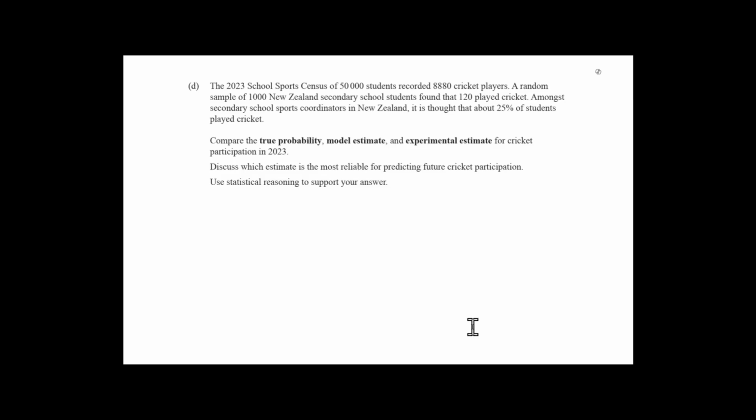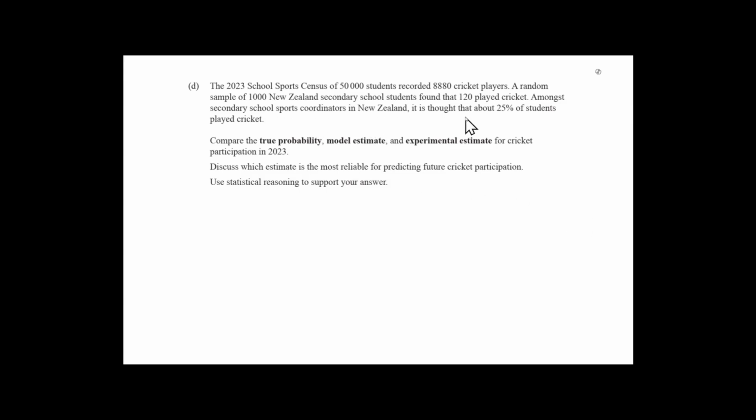So now we move on to cricket. The sports census showed 50,000 students in total. So these ones are changing. 8,880 cricket players. A random sample of 1,000 New Zealand secondary school students found that 120 played cricket. Right?